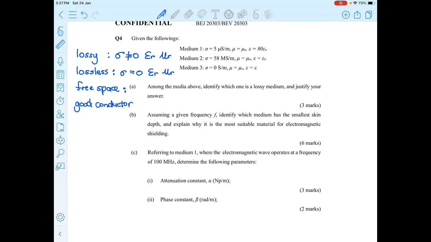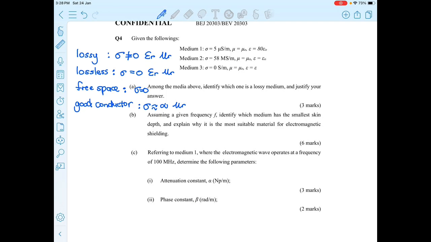For free space, the conductivity is also 0, and you don't have epsilon r or mu r. For a good conductor, sigma is very big, approximately infinity, and epsilon is equal to epsilon naught, so you don't have epsilon r but you have mu r. These are the properties of the mediums.